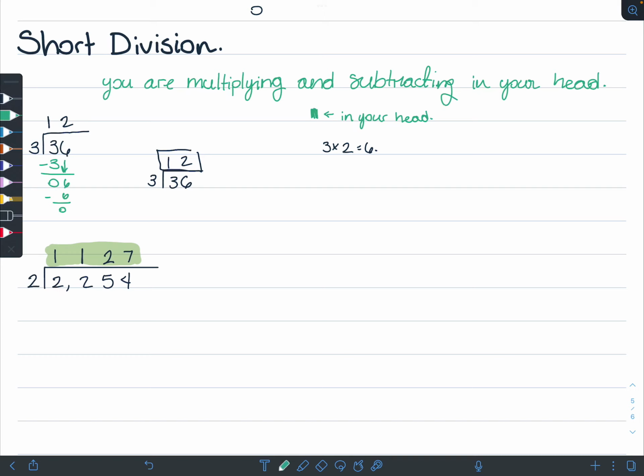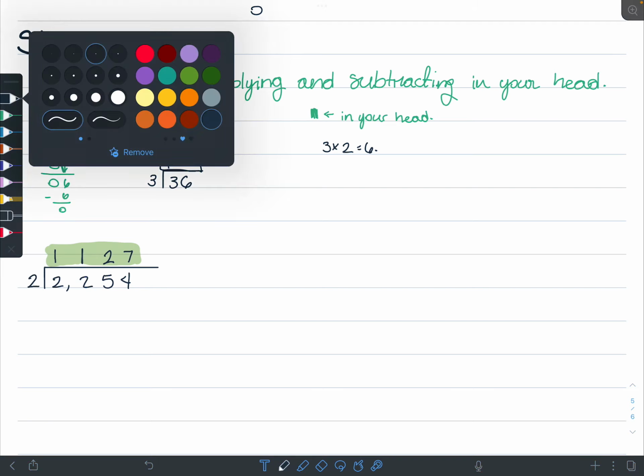So I encourage you, when you first journey into this short division method, to write down your process in a different color, and on the other page, cover your process and complete the same question again without any help, doing the short division. Do you understand what I'm saying?